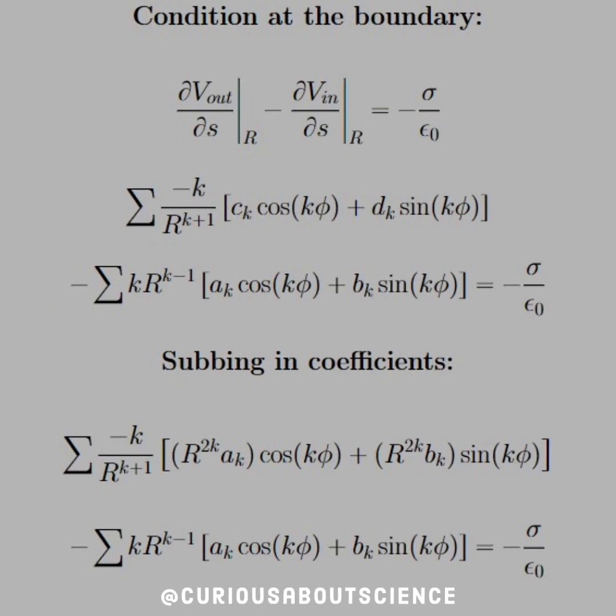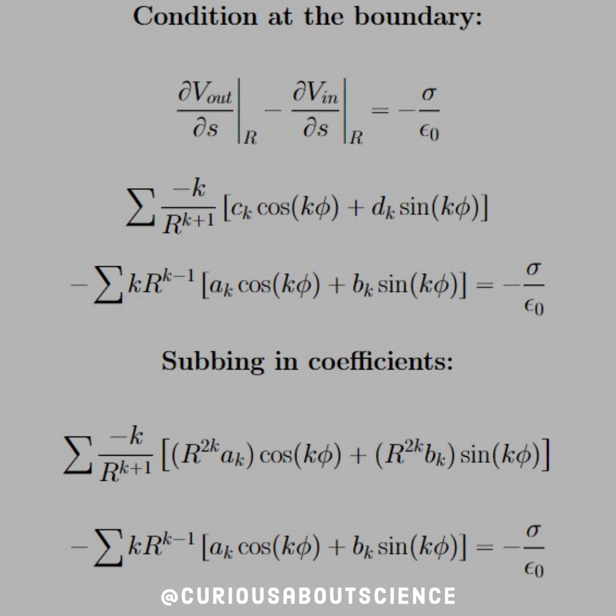Next, what we can do is take the normal derivatives and use the condition at the boundary. Once we find these derivatives, then we can set that equal to the charge distribution. So V out at R and V in at R are as such, and we have to set them equal to negative sigma over epsilon.